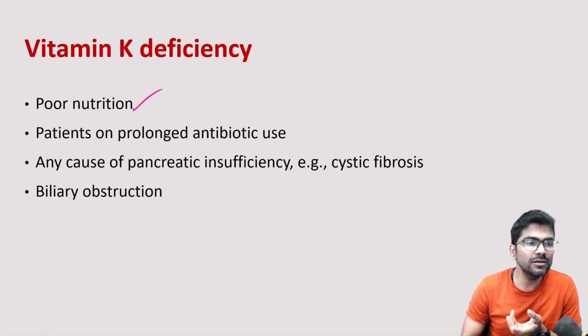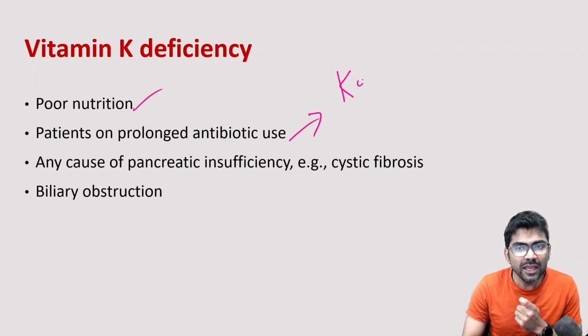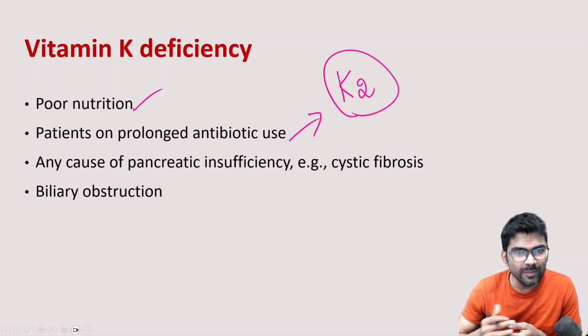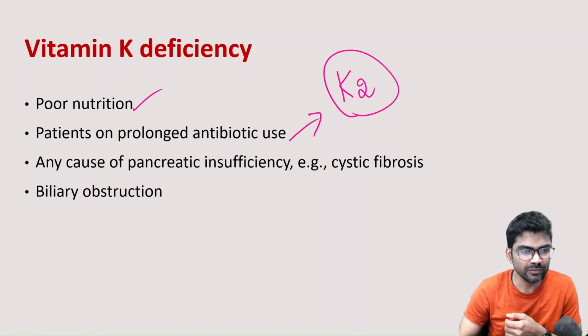Poor nutrition, patients on prolonged antibiotic use. Why? Vitamin K2, that is Menaquinone, is produced by the intestinal bacteria. So, prolonged antibiotic use will affect this. Any cause of pancreatic insufficiency, that is cystic fibrosis. So, here what will happen?